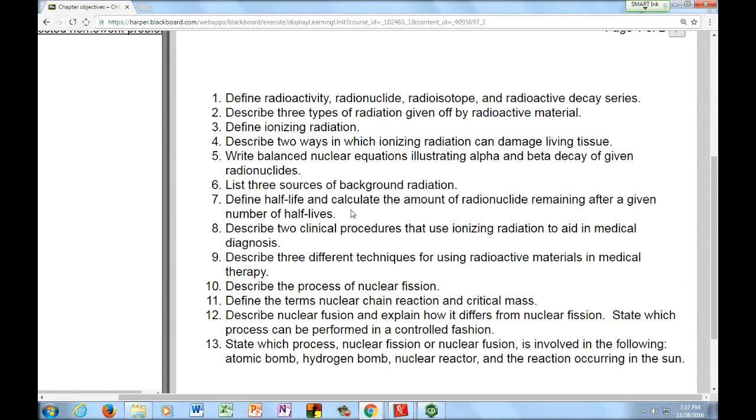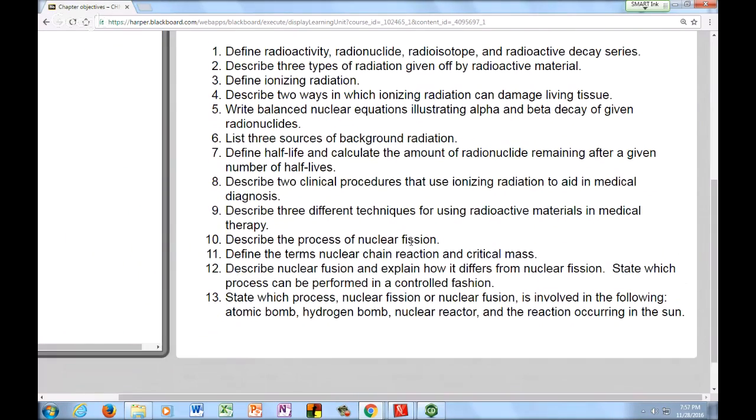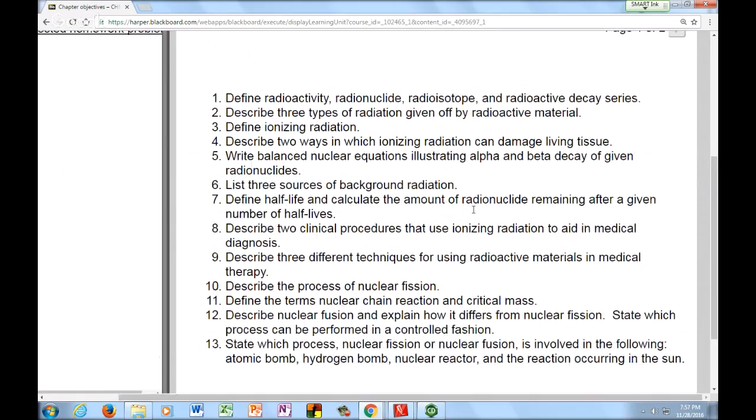And number 7, calculate stuff about half-lives as you did in that lab and in the practice as well. And we did a quiz on that too. What is nuclear fission? What is nuclear fusion? You don't have to have those equations memorized, but be able to recognize them, know what they are.